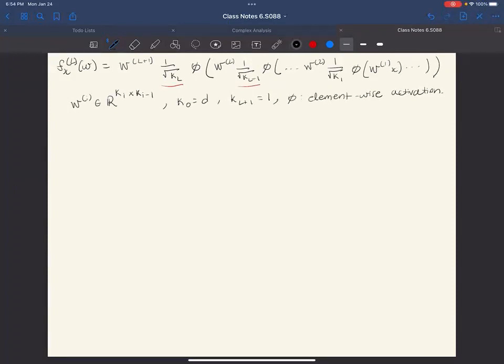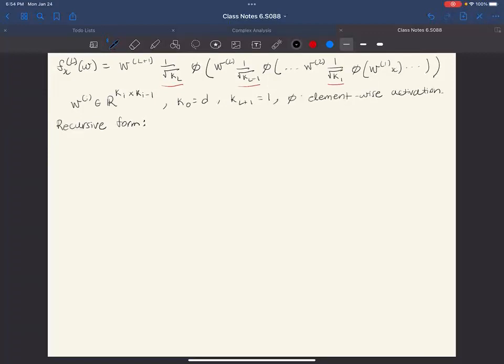Now I just want to note briefly, because it'll be useful for our proofs later, there's a nice recursive form. This is the full expanded-out form for a neural network, and I'll highlight the scale factors in red. But now I want to write a recursive form, because it'll be useful later when I compute the neural tangent kernel.